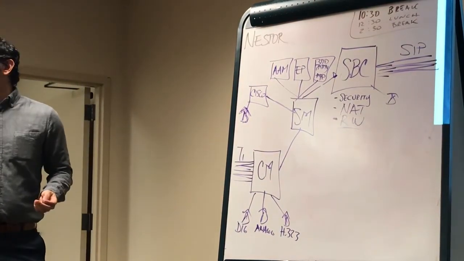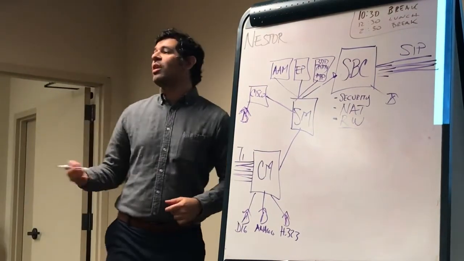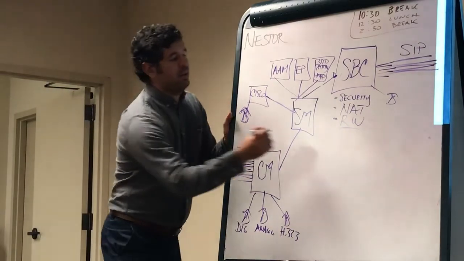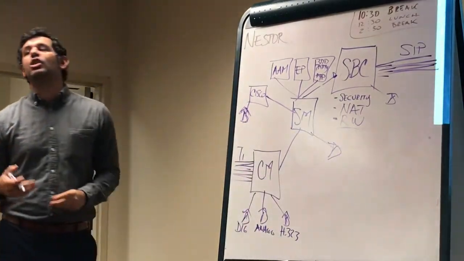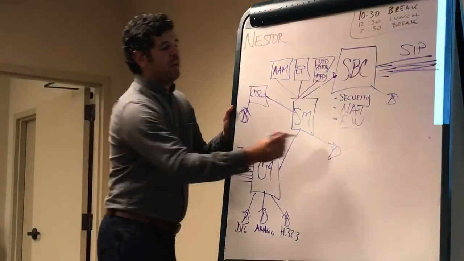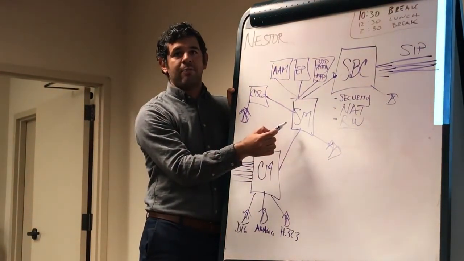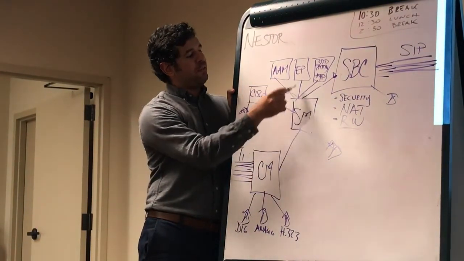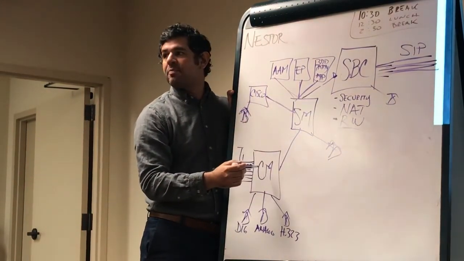And not only that, but I haven't even mentioned SIP phones at this point. Session Manager also allows you to register SIP phones. And what's cool is that they could be non-Avaya SIP phones, third-party SIP phones. If it's a third-party SIP phone, it registers with Session Manager, and it could get features from these application servers. They just don't get features from CM.